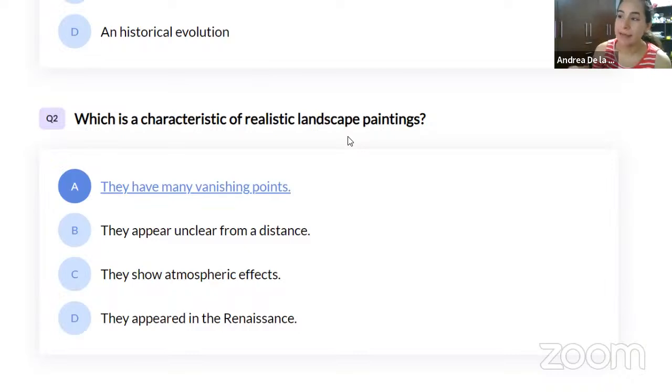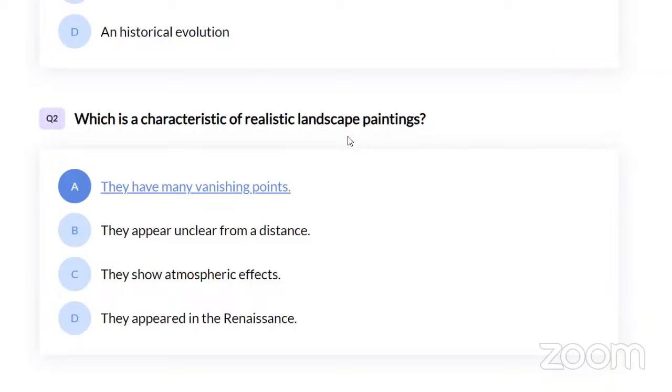Do you have anything related to realistic landscapes in your notes? Not really, but I remember that vanishing points were a topic that the professor described a lot of times.